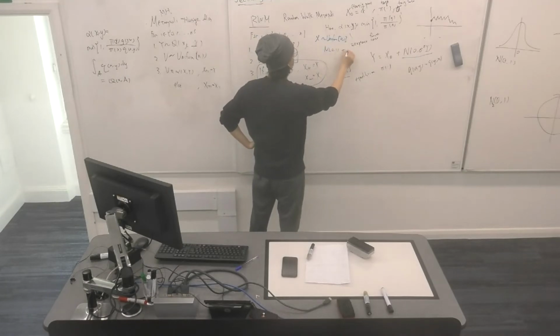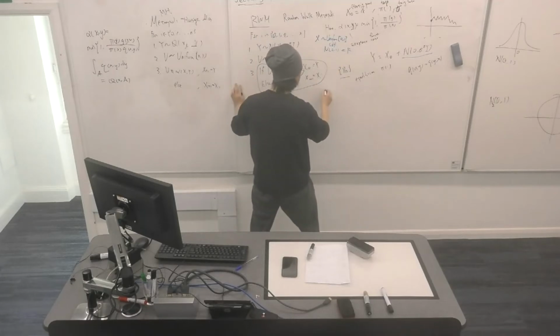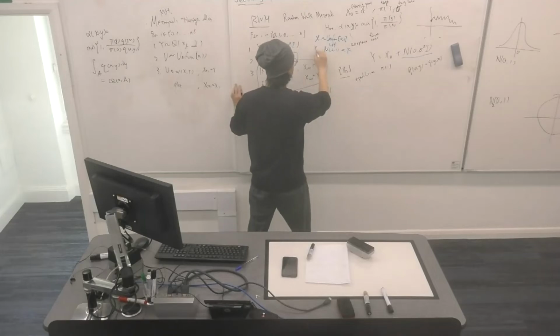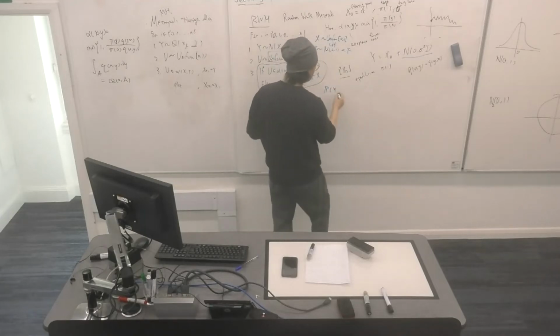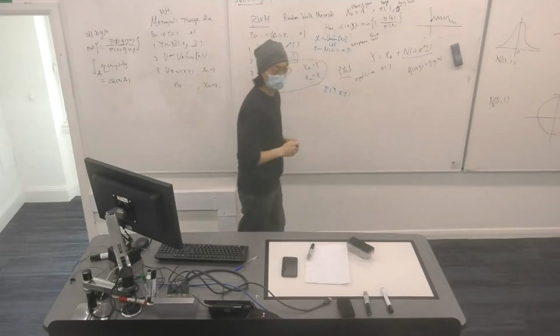Let's say we call this F, the CDF. So what's the CDF? CDF is just the probability of x smaller than or equal to y.